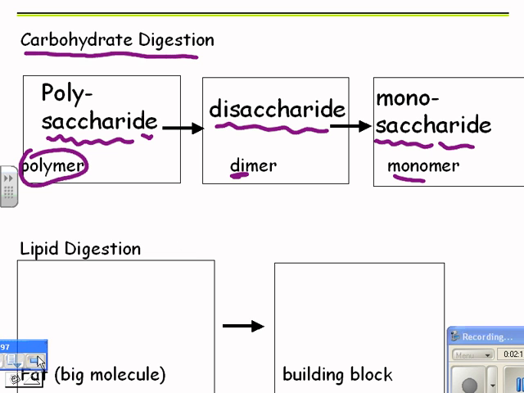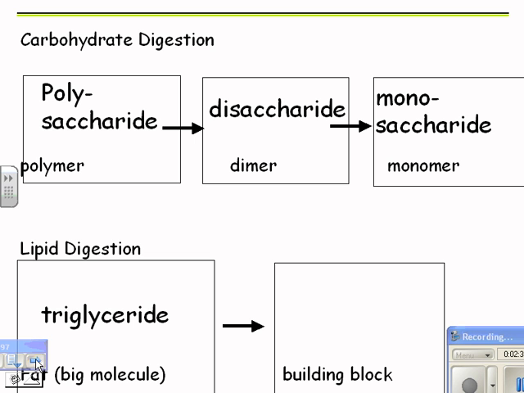Lipid digestion. This is fat, right? When you think about lipids, think about fat, at least for digesting. We're not going to talk about steroids and stuff. The most important thing that you digest in terms of lipids would be your triglycerides. A triglyceride is a fat molecule, and I'm going to call it a big molecule instead of a polymer because it's made out of, if you remember, glycerol and 3 fatty acids hanging down.